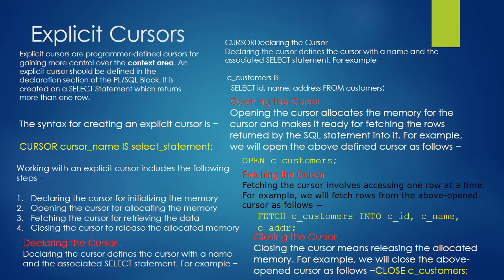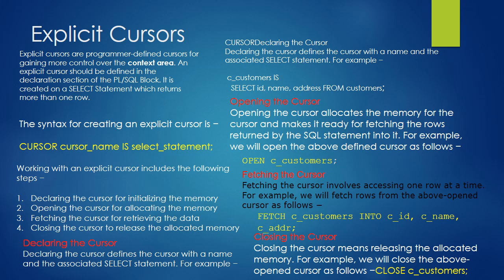Explicit cursors are programmer-defined cursors for gaining more control over the context area. An explicit cursor should be defined in the declaration section of the PL/SQL block. It is created on a select statement which returns more than one row.